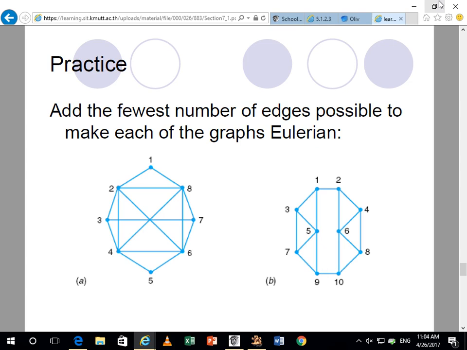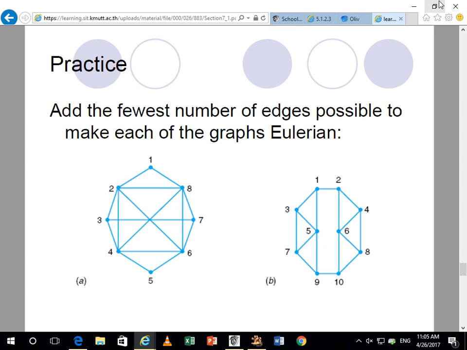So this is actually a theorem. We can prove it, not difficult. This is sometimes called the handshaking theorem. It's not mentioned in this textbook, but sometimes you hear the term handshaking.